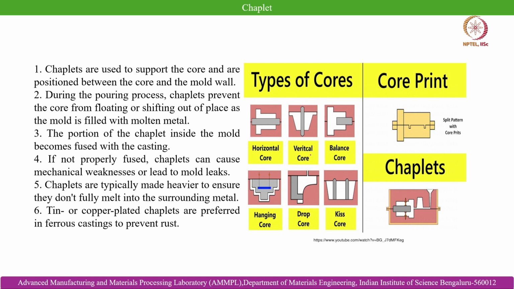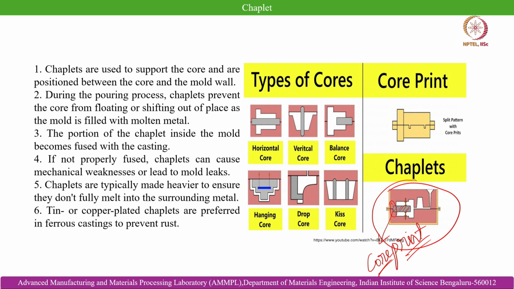Apart from the core print, there is a concept of chaplets, which are used to support the core and are positioned between the core and the mold wall. This is a typical example of a chaplet. This is a case of a core print, but when only the core print is not enough to position the core within the mold cavity, because the core is kept like a cantilever beam, that is, it is an overhang.